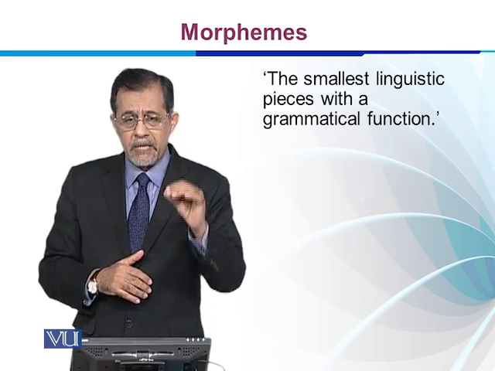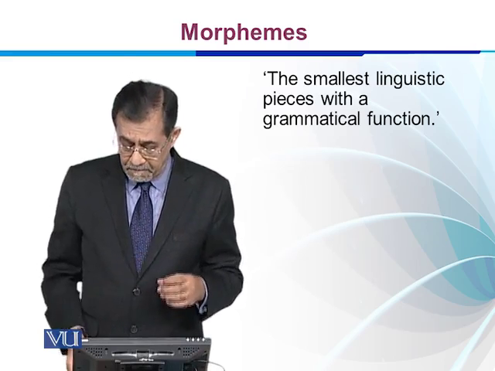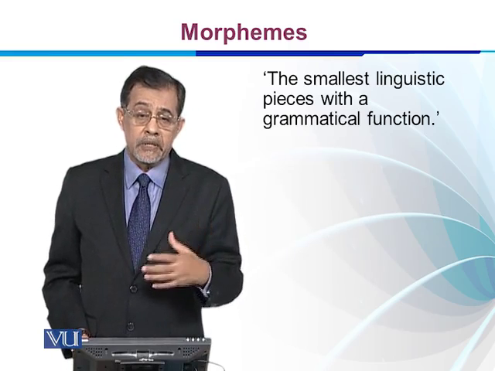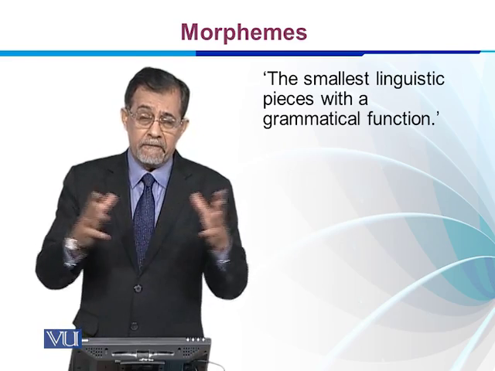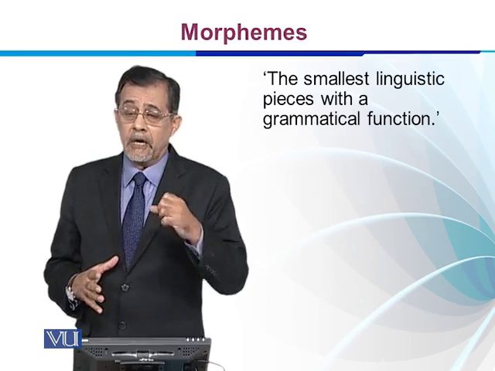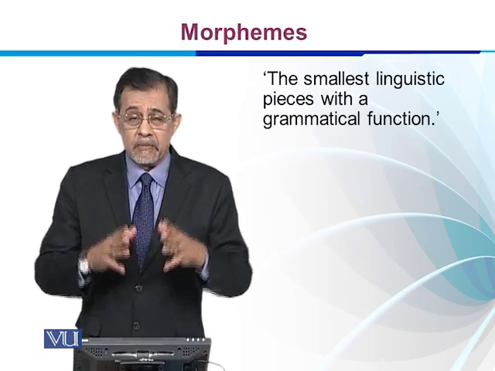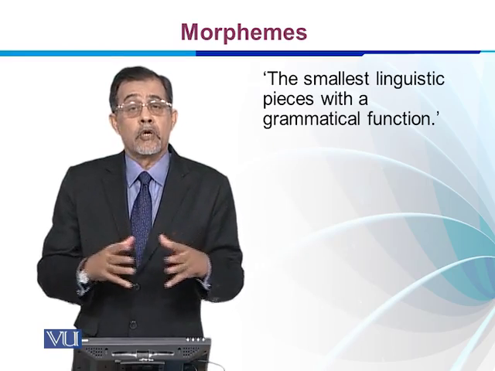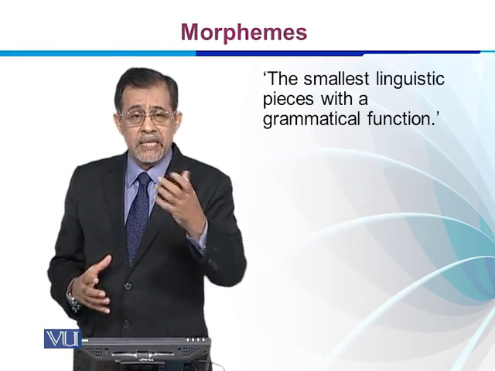So morpheme is called the smallest linguistic unit, right? Whether it's a smallest linguistic unit or not is yet to be decided. You will see a lot of variation, a lot of exceptions to the rules. Because when we study any subject in detail, we not only form rules, but we also come across exceptions.